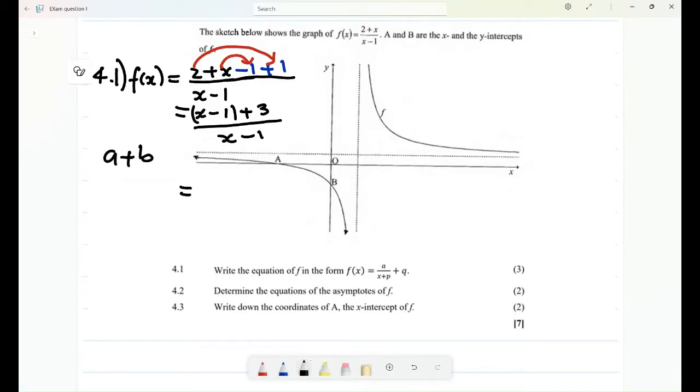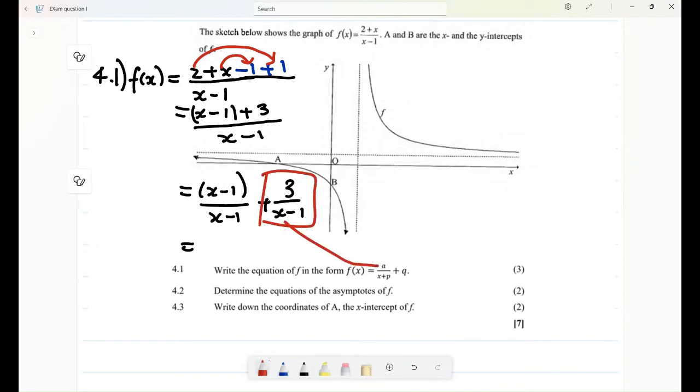It's going to be a divided by c plus b divided by c. So also here it is the same. I will apply that. Here it is (x minus 1) as a single term divided by (x minus 1), plus 3 divided by (x minus 1). You see the standard here. Now we have one part, which is not difficult to do.